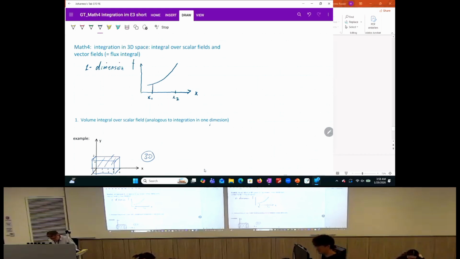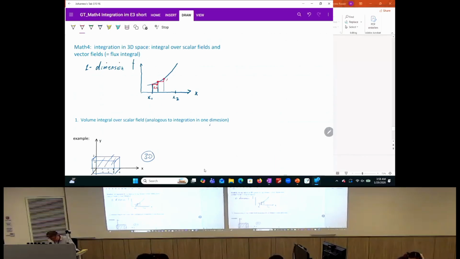Then you segment your function into small pieces. This here is your delta x. You can evaluate the function at x1 and at x1 plus this delta x, and then you get a variation also in the function value. And that occurs from point to point.